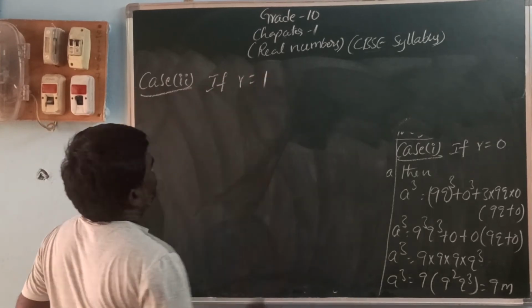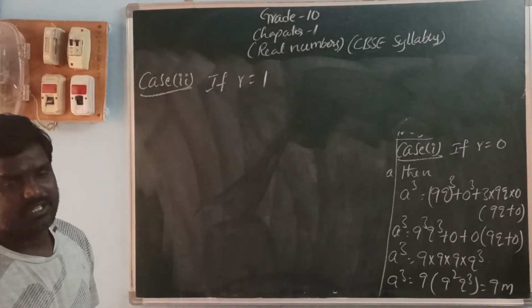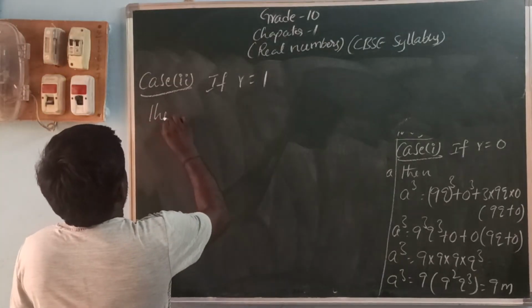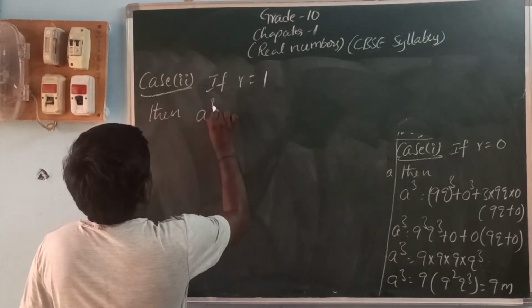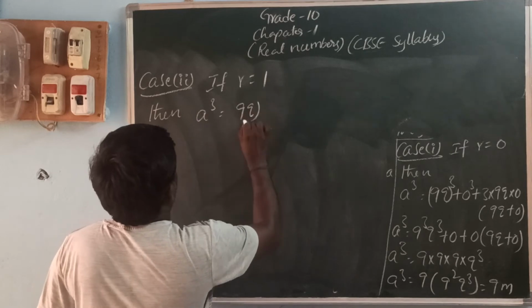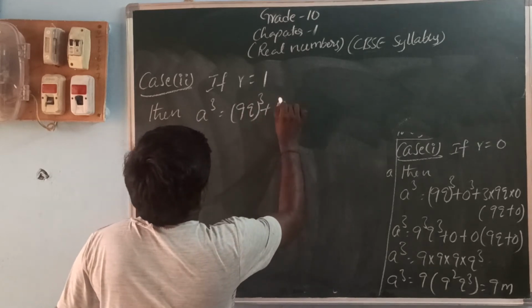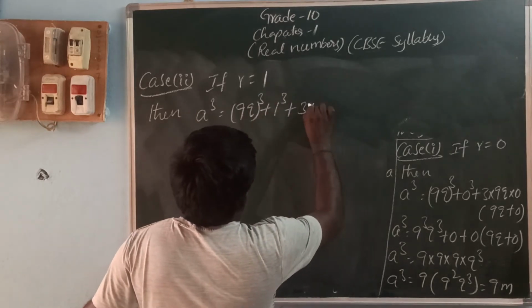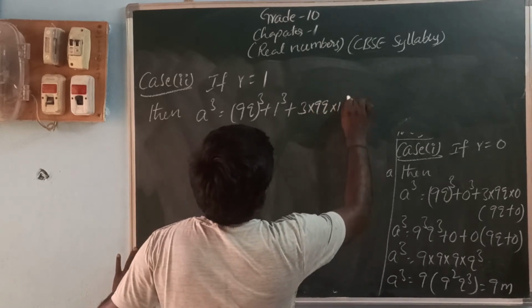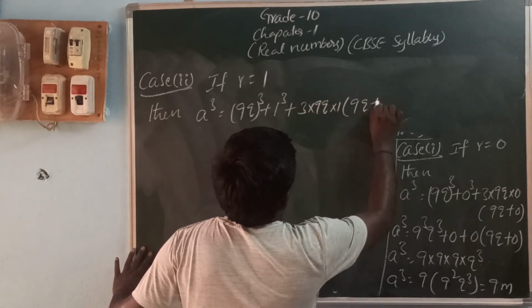Case 2: if the remainder is equal to 1, then a cube is equal to 9 cube whole cube plus 1 cube plus 3 into 9 cube into 1 of 9 cube plus 1.